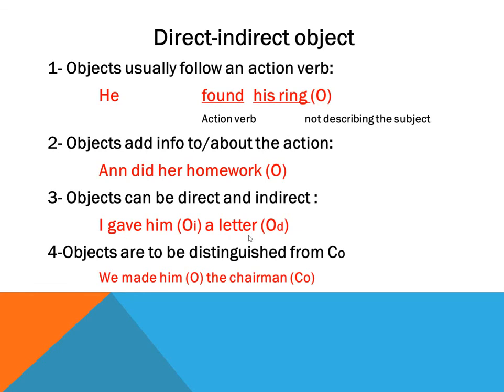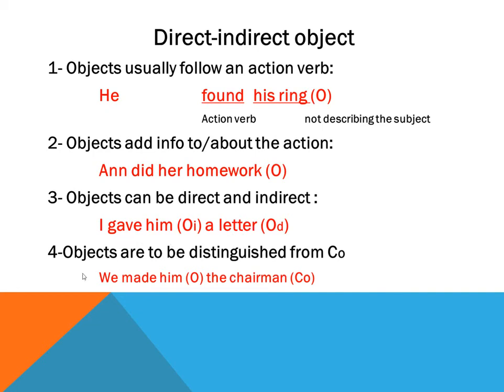This is not always the case, because we can say I gave a letter to him. In this way, we cannot say that a letter is an indirect object and him is a direct object, because it's following the indirect object. So we need to see which one of the noun phrases is directly affected by the action of the verb.